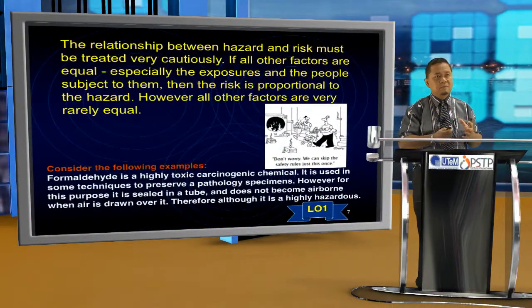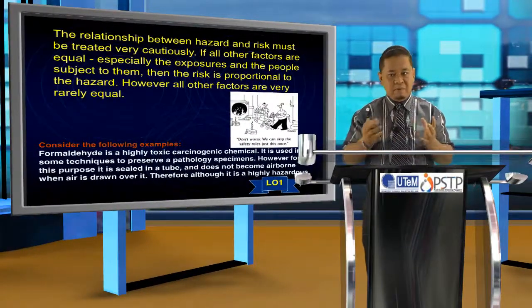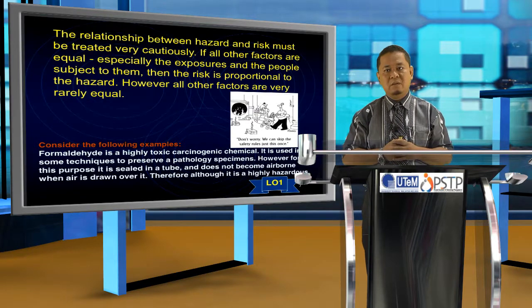And try to relate: is it possible the hazard has a relationship with the risk? Okay, I'll give you an example. When you drive, for me, I'm familiar with manual transmissions, and my housemate is familiar with automatic transmission.